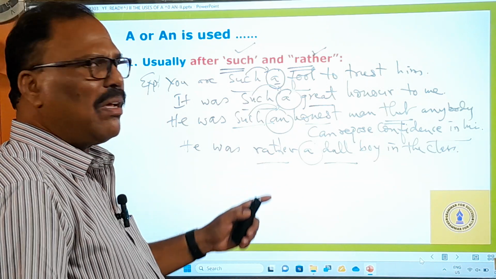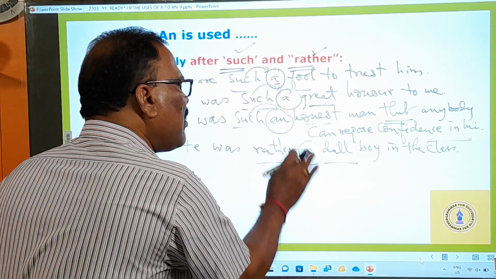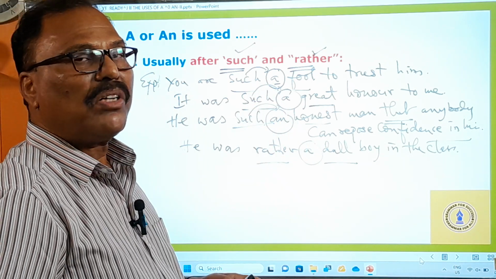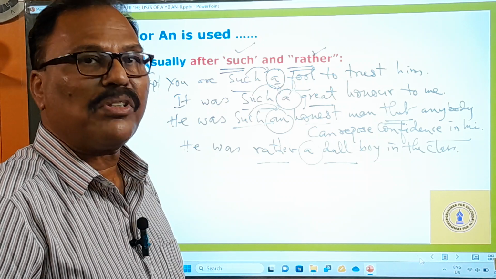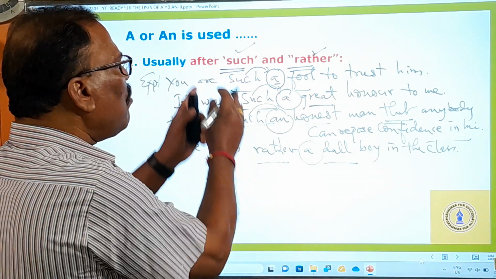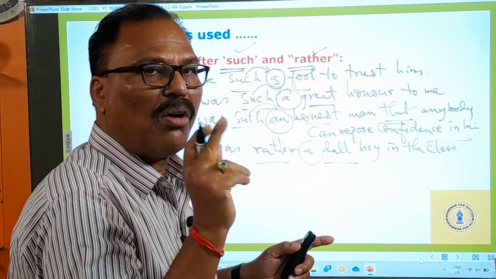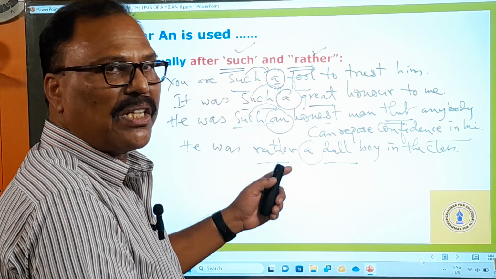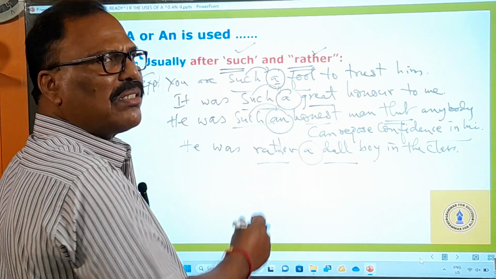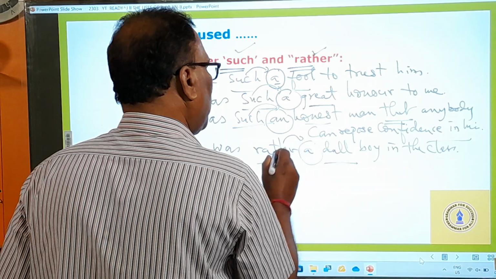In your competitive examination, they will give you sentences missing this article, and you have to insert it in order to correct them. Now you know the rule. When you know the rule, nobody can outbeat you or frighten you by giving such questions. You can easily answer them. He was rather a dull boy. After rather, a is used.